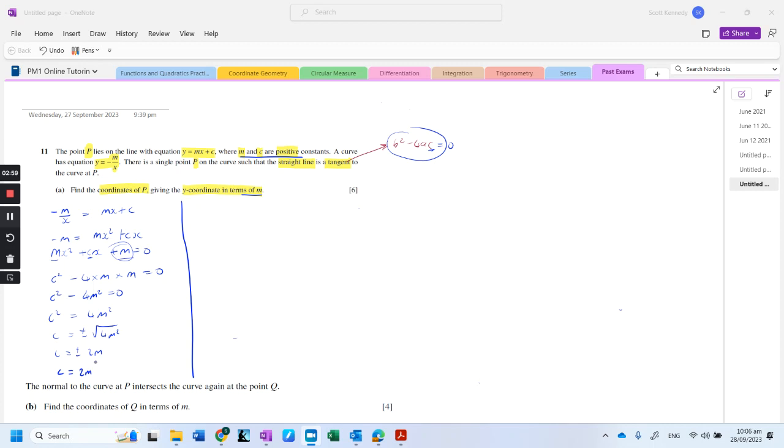So we can substitute this into there. So we should get mx squared plus 2mx plus m equals 0. This we should be able to solve for the x.